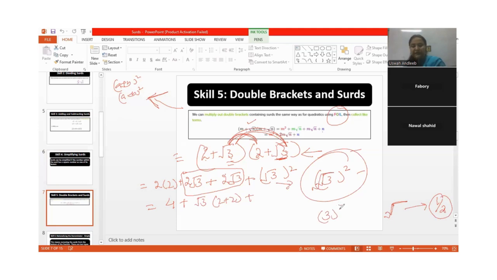In the beginning, when I was explaining the definition of surd, I told you that it holds a value of 1 by 2. So it is 1 by 2 over here, and 2 is already placed over here, so it is basically multiplied. So 2 cancels 2, and the answer is 3. 3 power 1 means 3. Anything raised to power 1 gives the same number. It's nothing. 0 is not here. Okay? So the answer is 3.